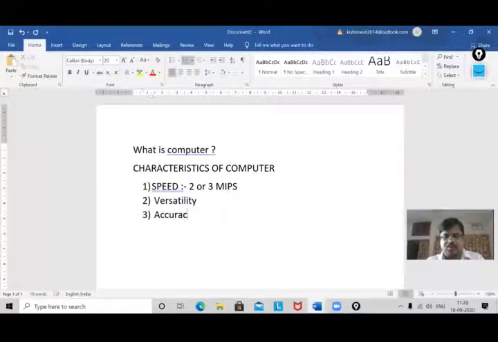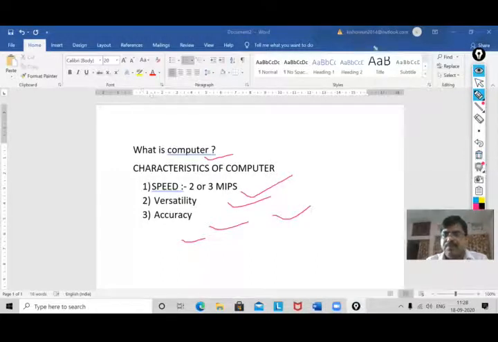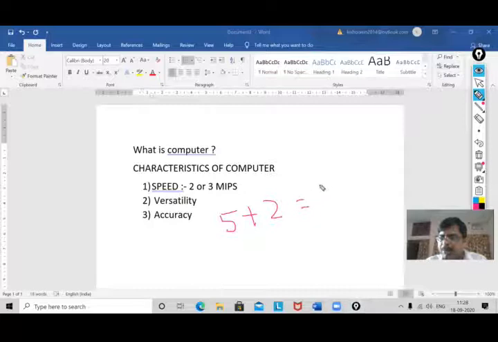Accuracy. Now, what is accuracy? Accuracy means an accurate result. If I give 5 plus 2 to the computer, then surely the computer will give 7.